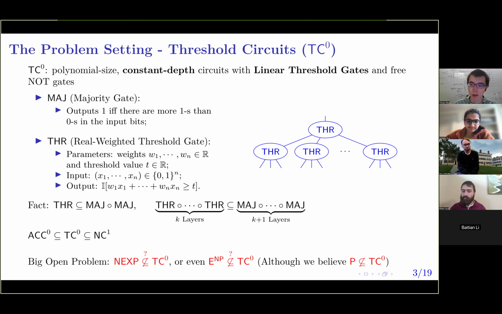The big open problem of TC0 circuit lower bounds is: can we prove NEXP is not in TC0, or even E to the NP is not in TC0? These are very large complexity classes, and we still don't know how to prove the lower bounds, although what we believe is that TC0 is very weak. We even believe that P is not in TC0.